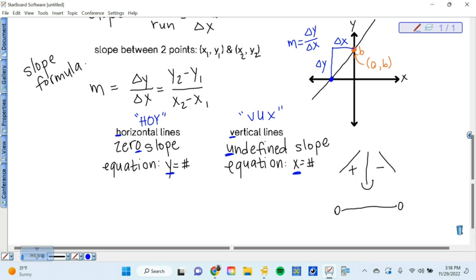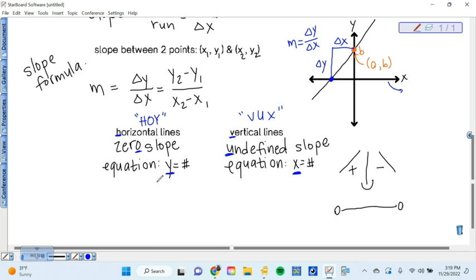Good. What is the equation for the x-axis? Is it a vertical line or a horizontal line?